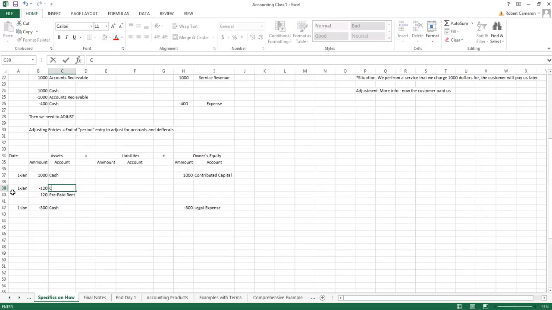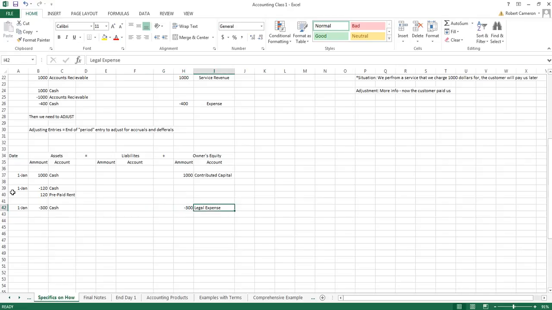Oh, and you know what? This doesn't need to be in parentheses. One type of asset for the other. So decreasing cash, but we're increasing this intangible asset. We can't touch it. We call it an intangible asset of prepaid rent. And then over here, we're paying cash, but we actually used it.